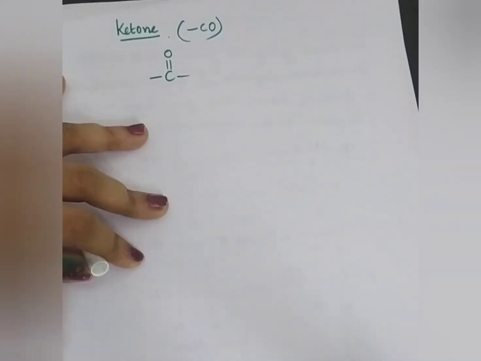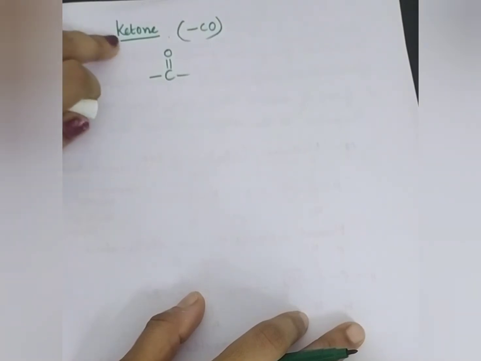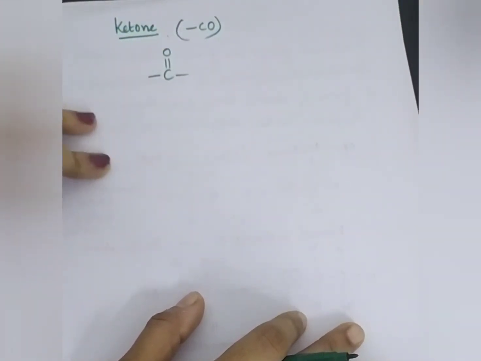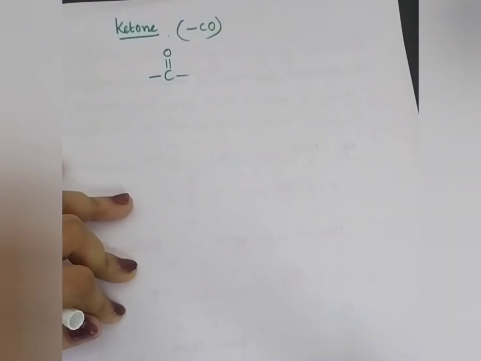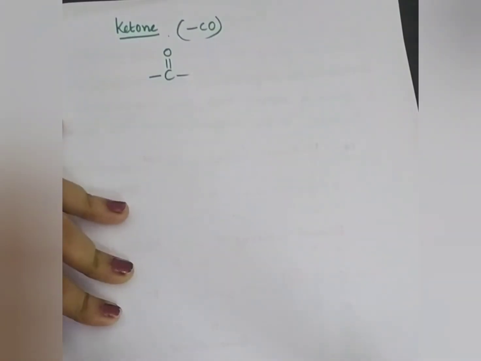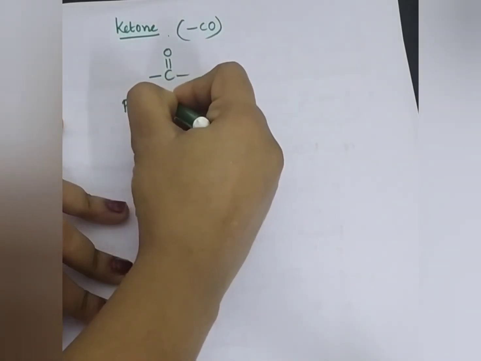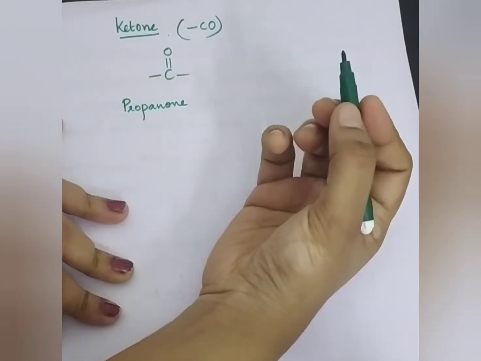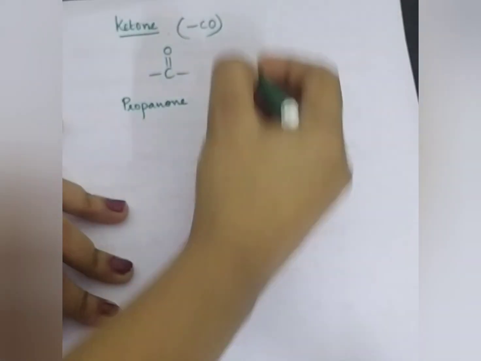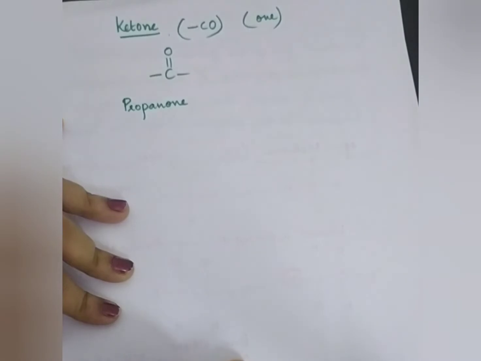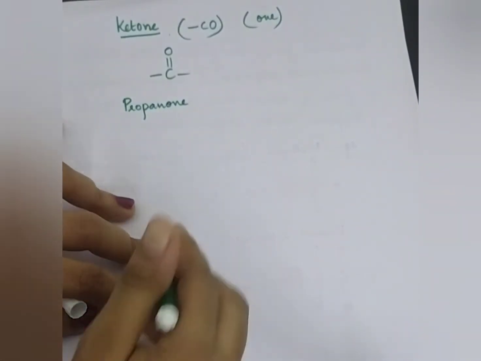Next functional group is ketone, that is CO, or it is written as C double bond O, with two valencies that need to be satisfied. Functional groups always come in the middle of a hydrocarbon. So let's take one example of propanone. The end is ONE, that is O-N-E, the end of the word.